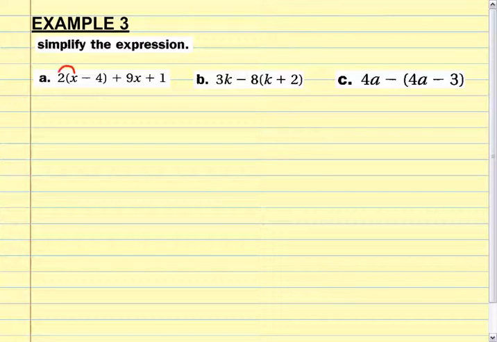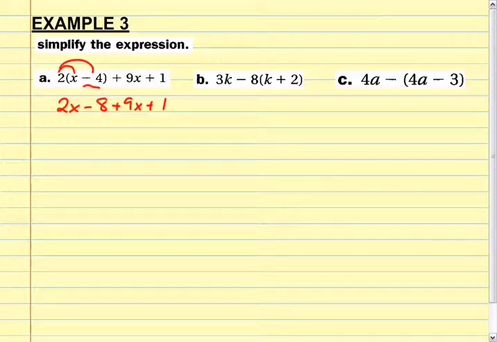So what is 2 times x, Catherine? 2x. Good. And what's 2 times negative 4? Negative 8 plus 9x plus 1. Now the multiplication is done.